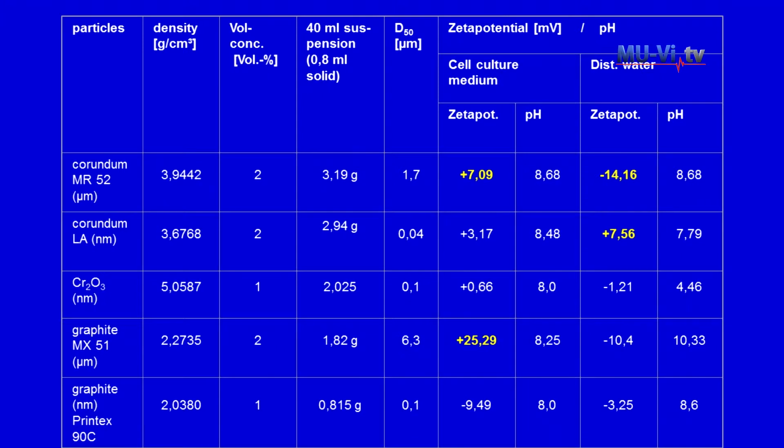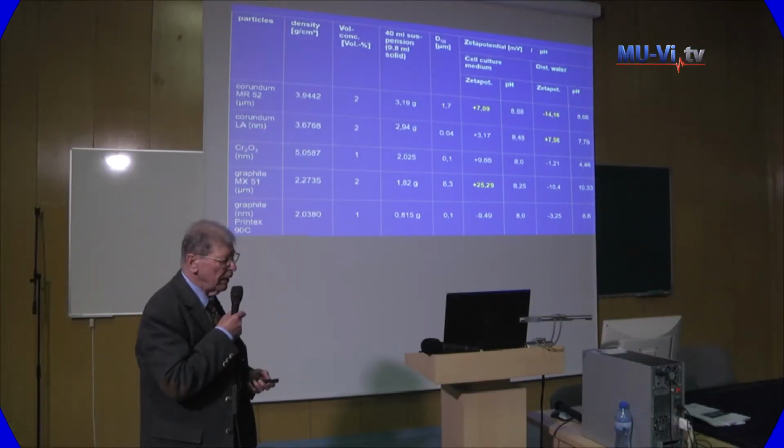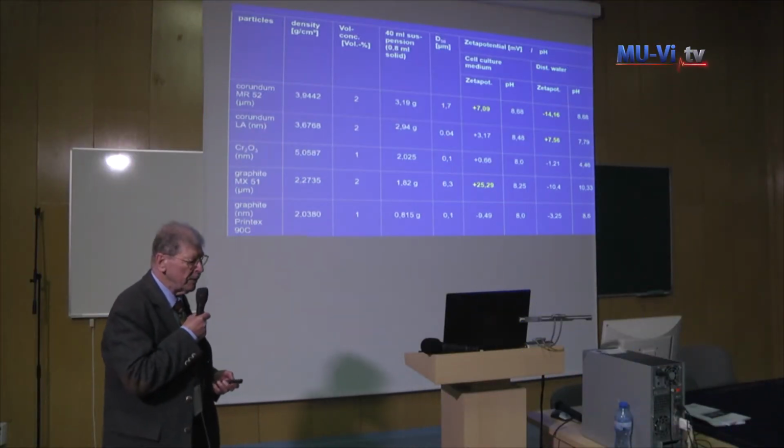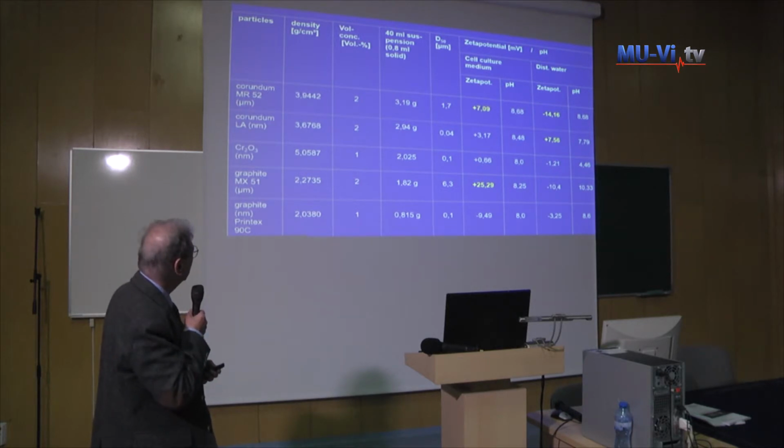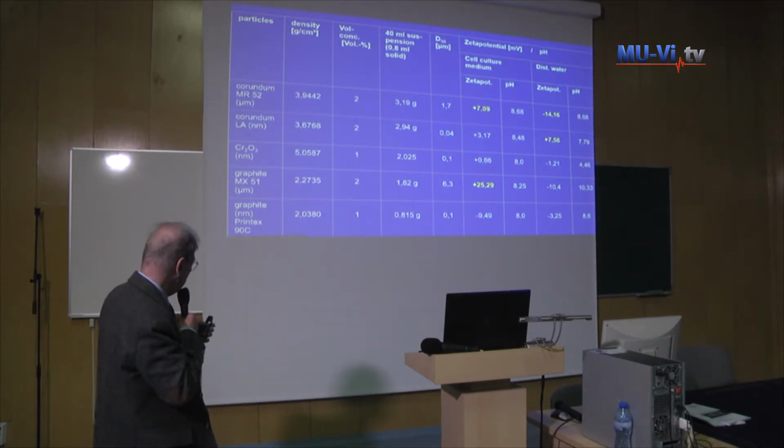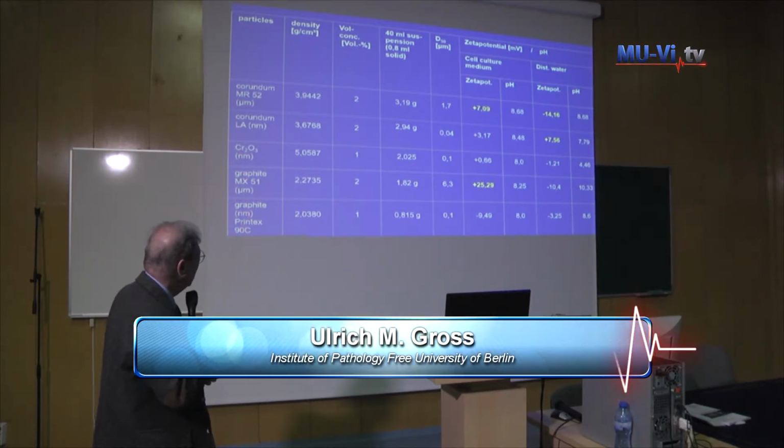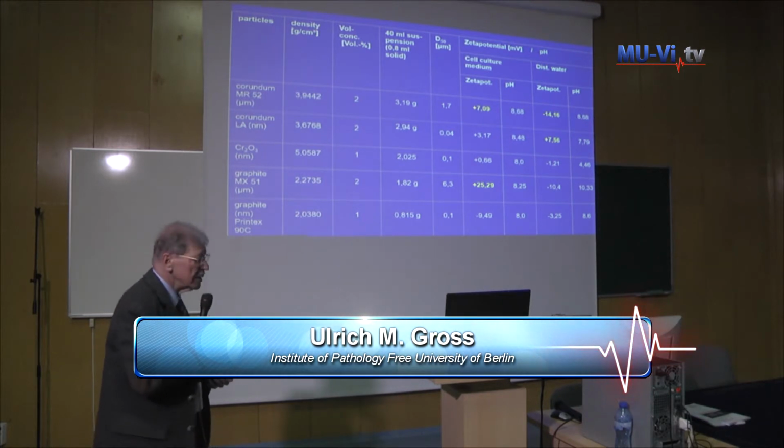And we did this in collaboration with one institute for testing of material in Berlin. And in comparison, we used corundum with micrometer or nanometer size, chromium, nanometer, graphite, micrometer, and nanometer size.